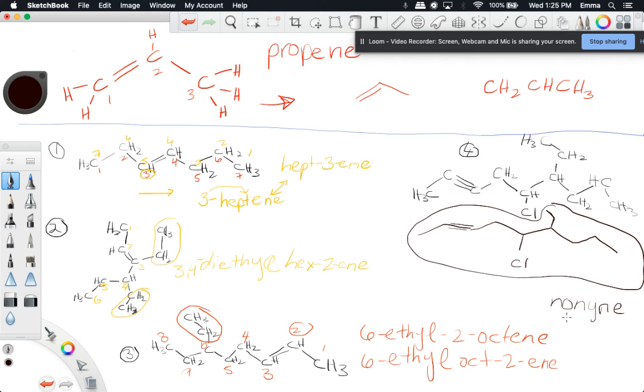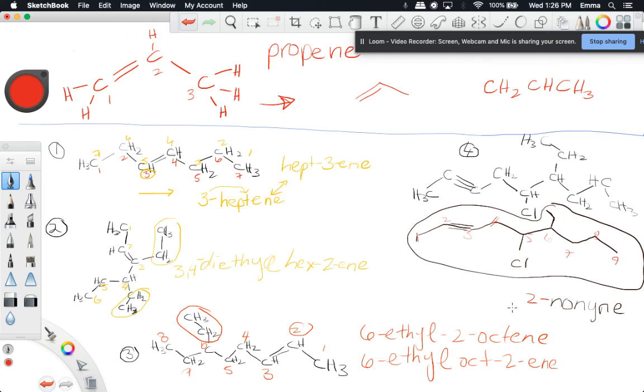So we already started with the backbone non, but let's make sure: 1, 2, 3, 4, 5, 6, 7, 8, 9 carbons, and the triple bond comes off of carbon number 2.